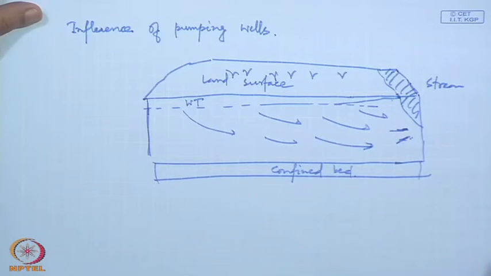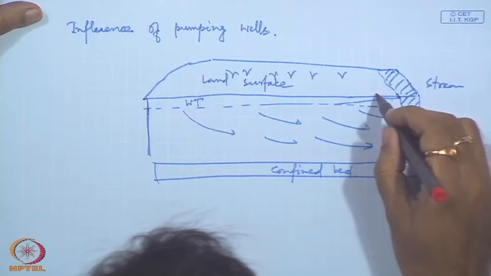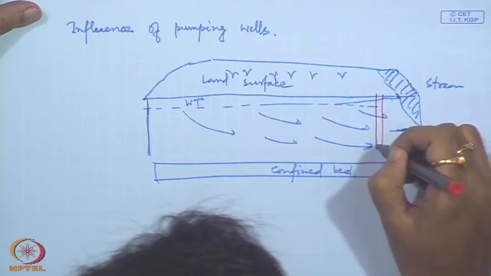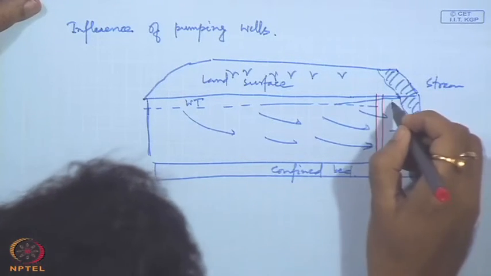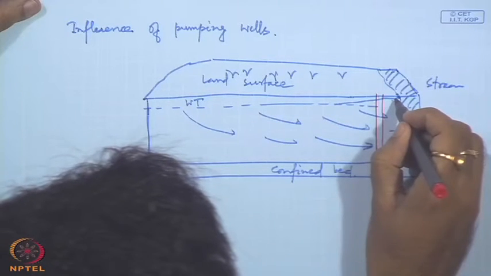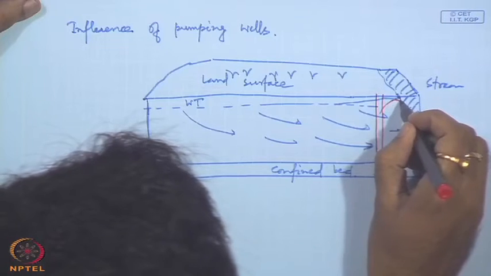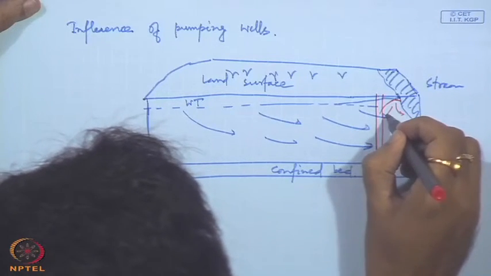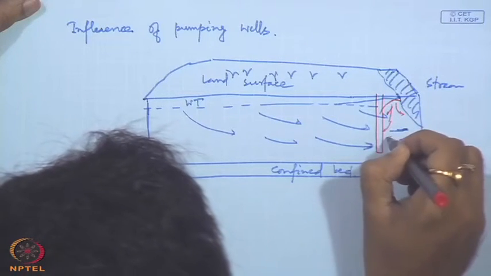Now, if we place some well here, interestingly, with a small amount of pumping, there will be a water divide, and again there will be movement to this side, also this side, but it will be in the normal direction.